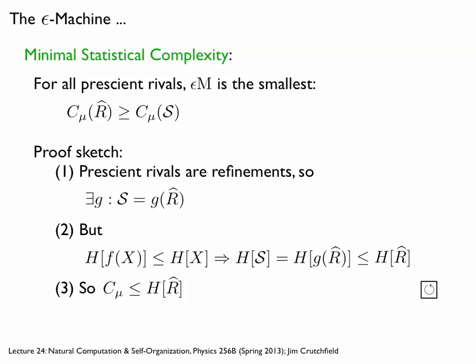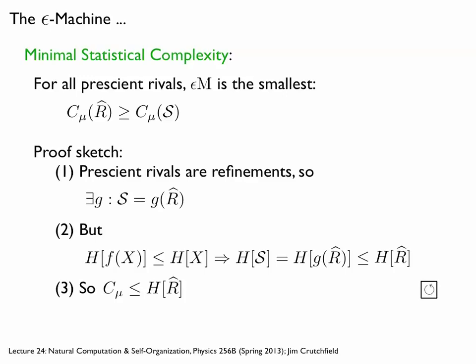I could talk about numbers, like I was just doing with the refinement picture, but our measure of model size is the amount of state information. So we're going to use the statistical complexity of your prescient rival and compare that to the amount of state information in the causal states. The claim is that the best you can do is equal this, and typically your alternative predictive model will be larger in this sense. It means you have to use more state information to do predictions.